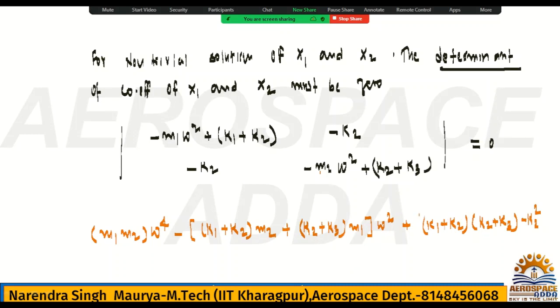This is in one bracket and this value will be 0. So this is the solution of this determinant. You can do it on your own. Finally you will get this.